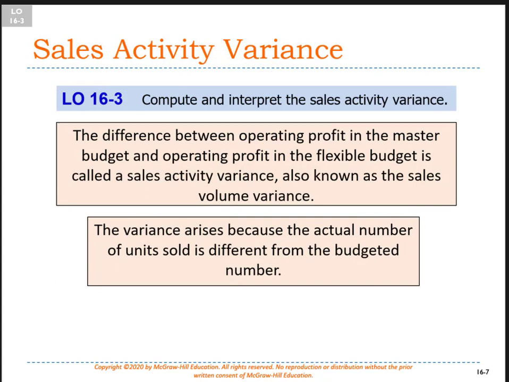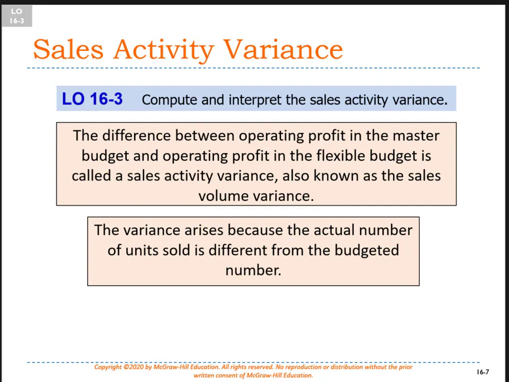So we start our process of evaluating our performance compared to the budget with the sales activity variance, which could also be called the sales volume variance.